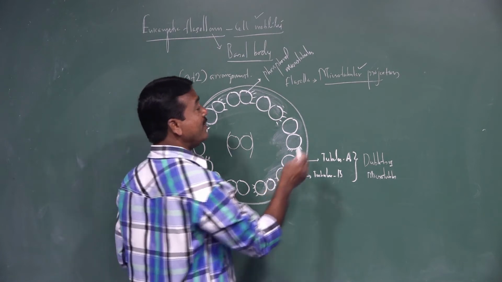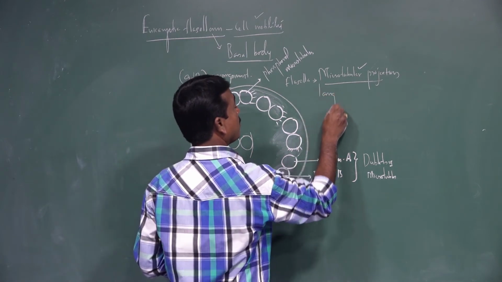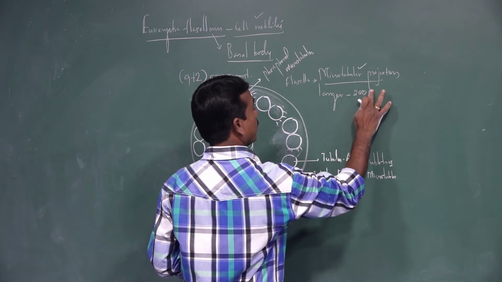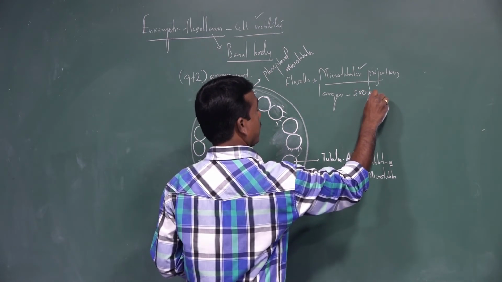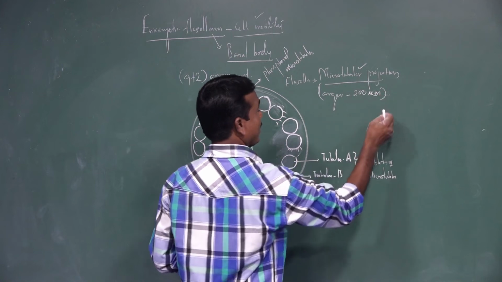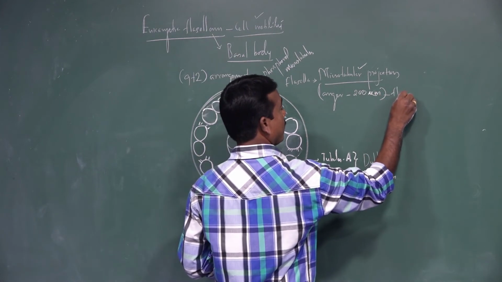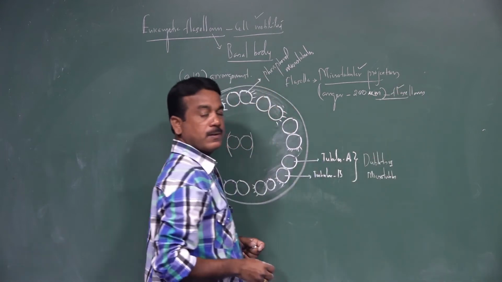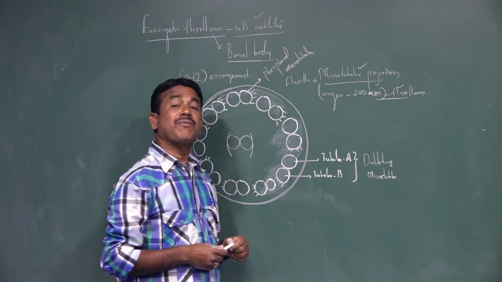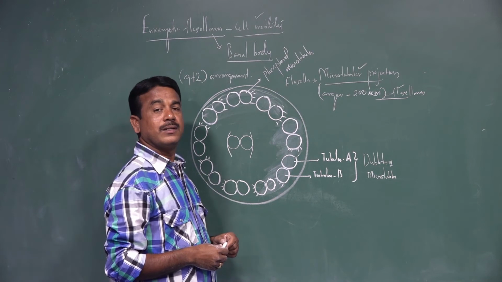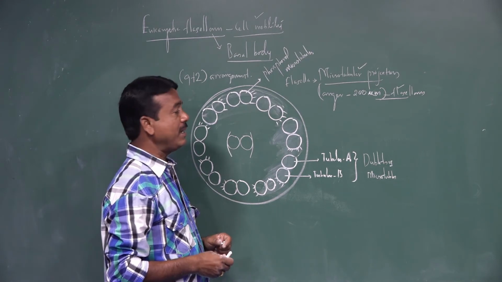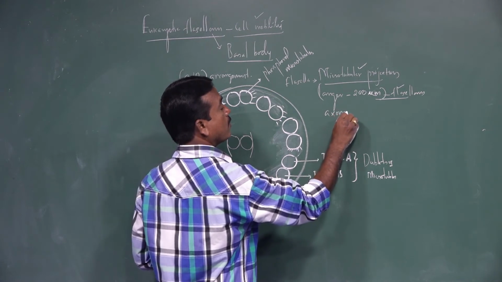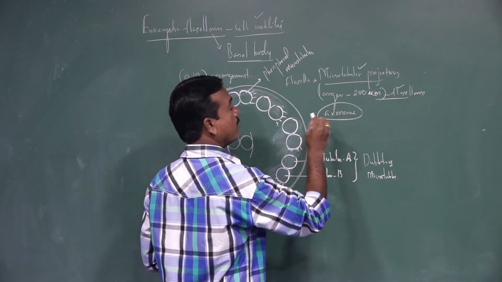That length is measured at about 200 micrometers in flagella. The structure of flagella is commonly called the axoneme.